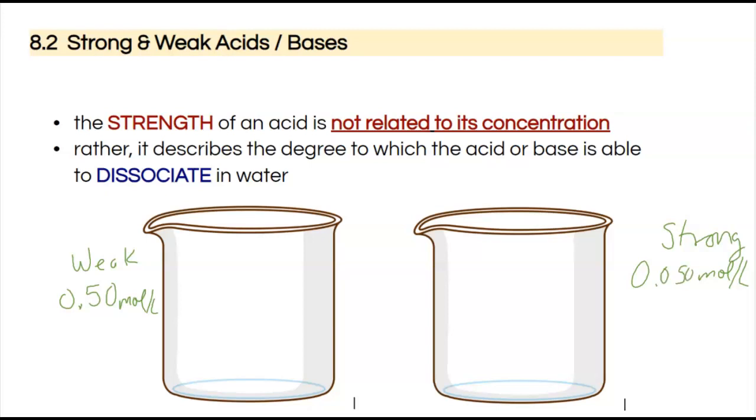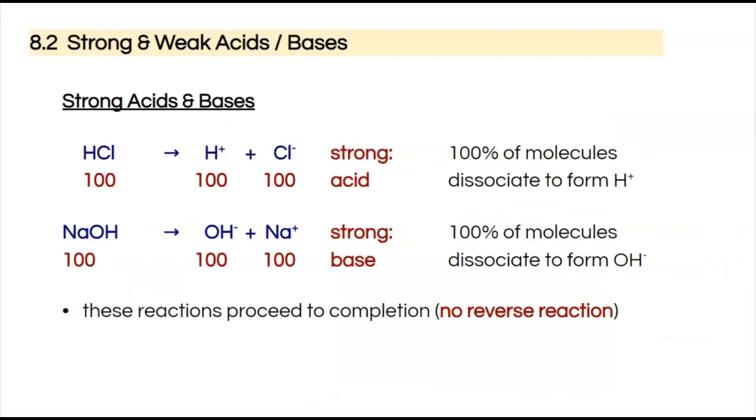And I'm not going to change my labels of weak versus strong, because again, even though this solution on the right is more dilute, it doesn't necessarily mean that it is a weaker acid. Let me talk a little bit more about this in the next slide.